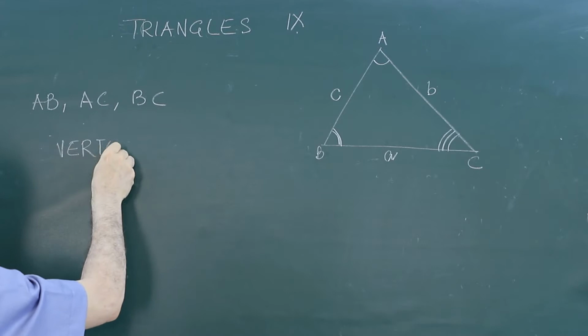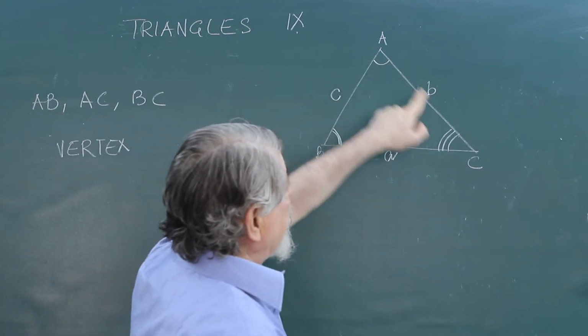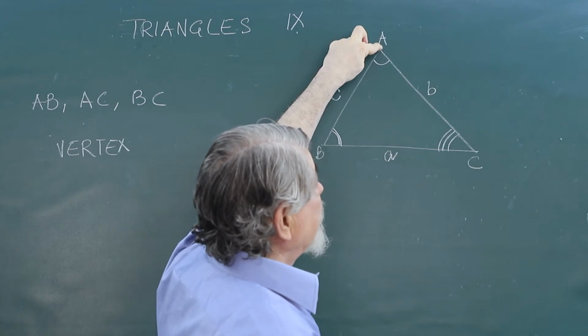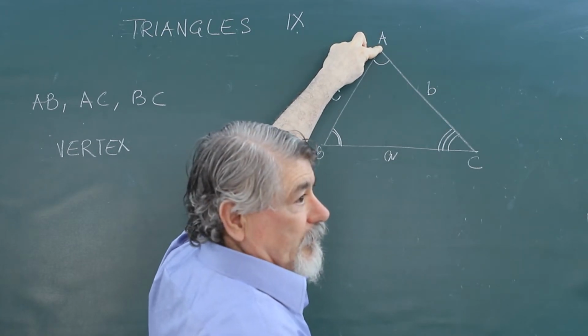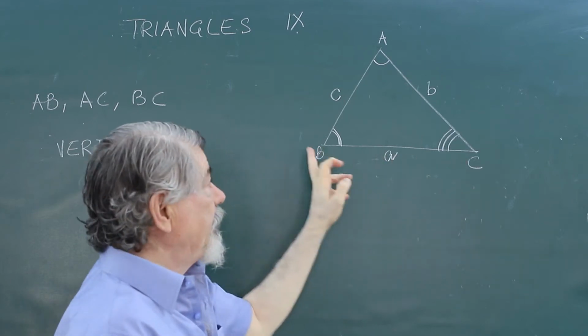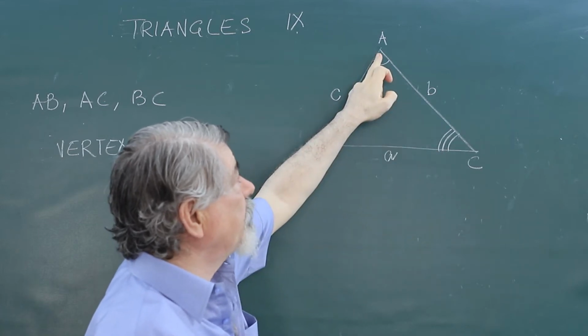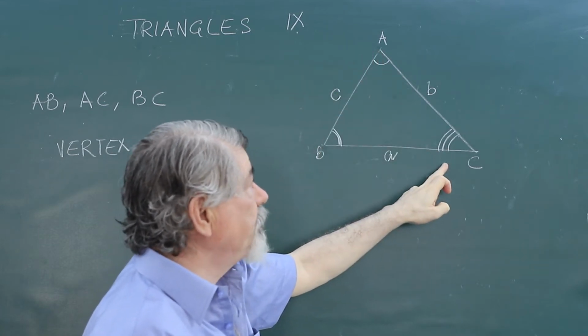For example, BA and CA meet at point A. A is the vertex opposite to side BC.